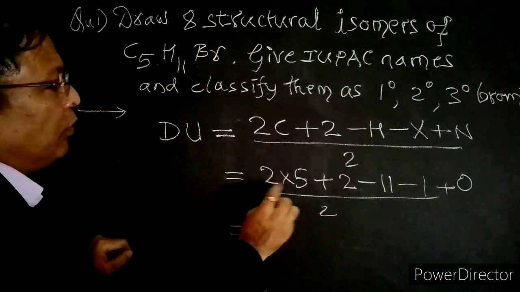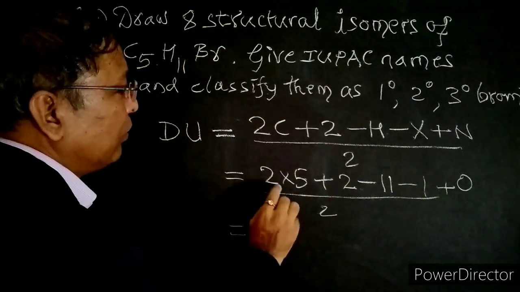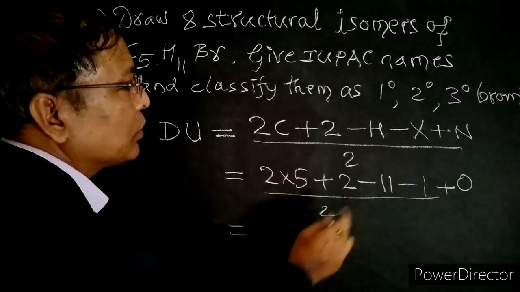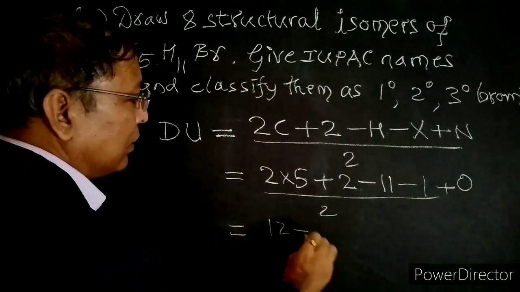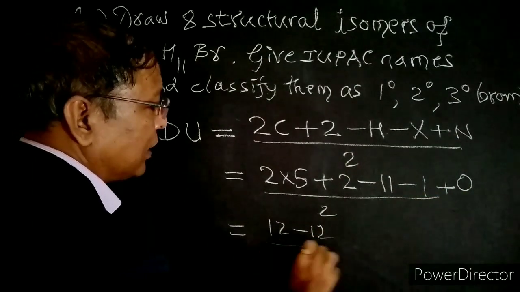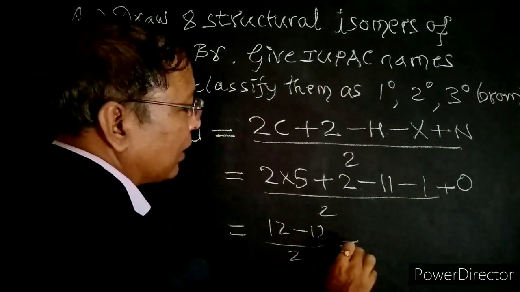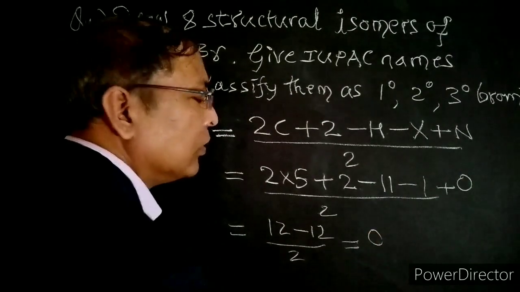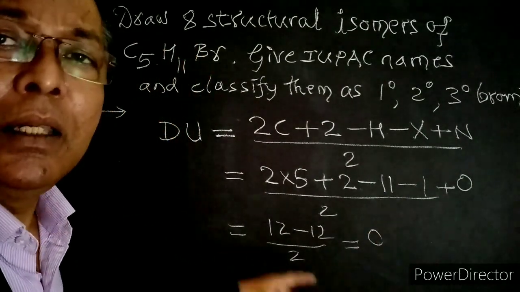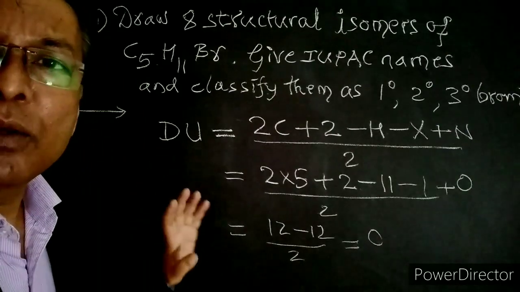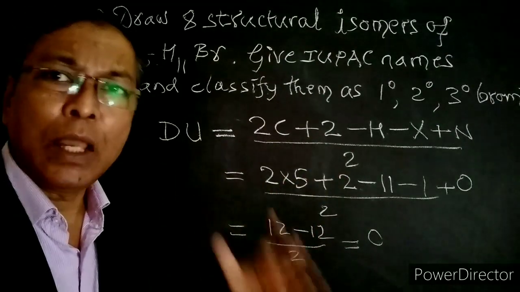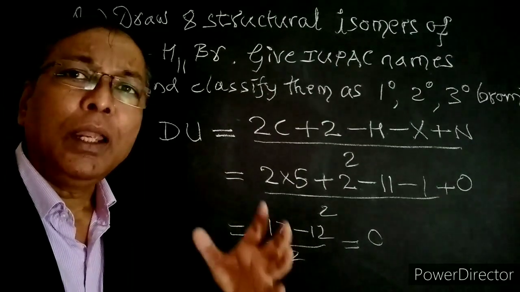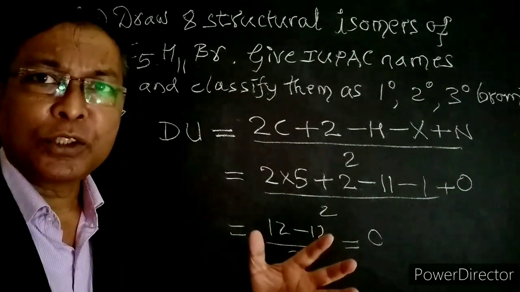If you add, 10 plus 2 is 12, minus 11, minus 1, that becomes 0 divided by 2, that is 0. This shows that in this molecule there are no double bonds present. Now we can easily draw the 8 possible isomeric structures.